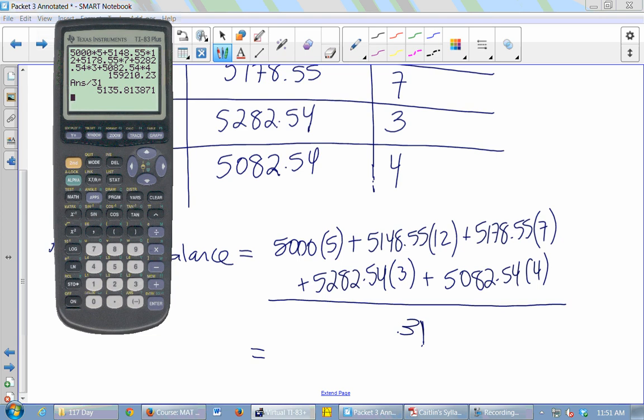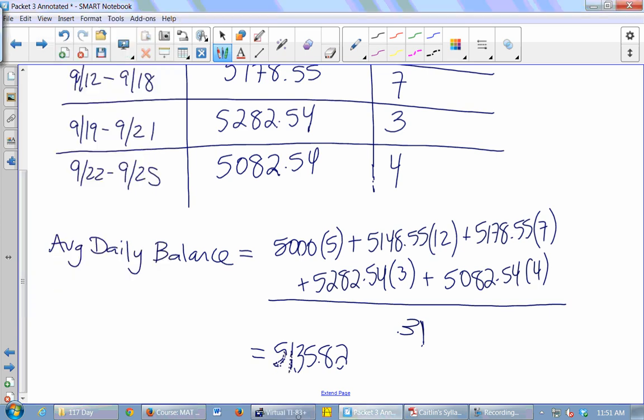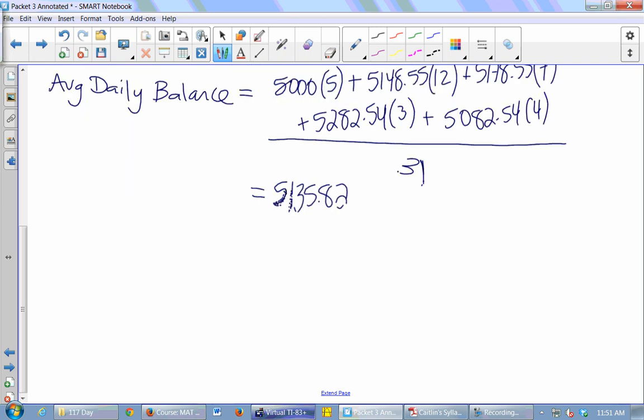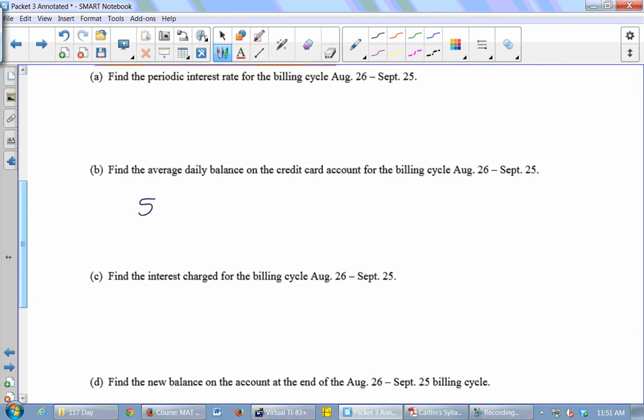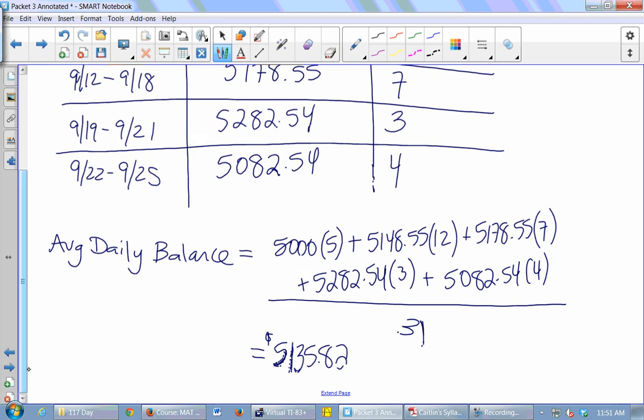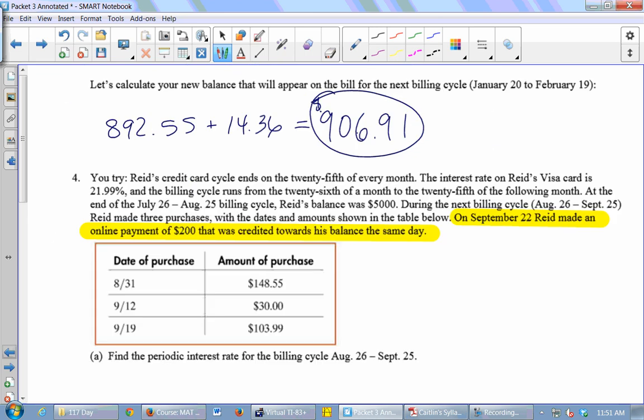This is my average daily balance, $5,135.80. We'll say 2 cents because credit card companies are always going to round this up to get a bigger finance charge out of you. So $5,135.82. My average balance over the course of that month, each day.